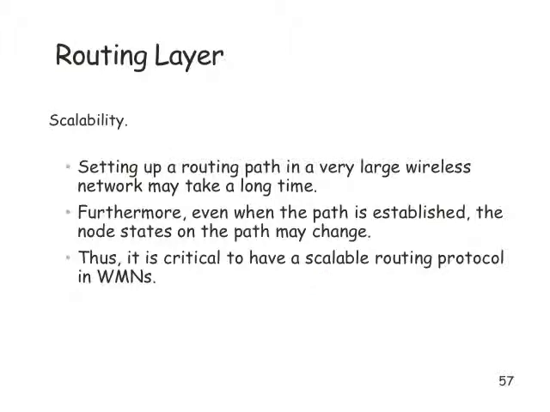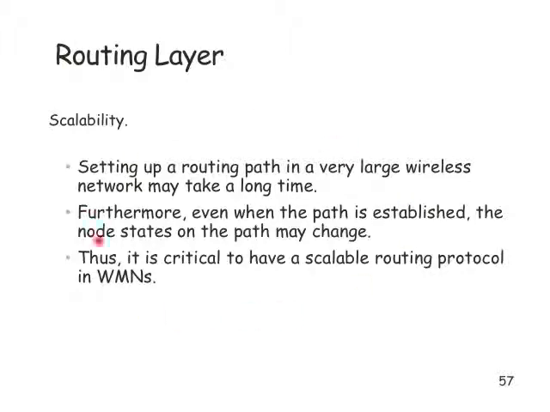So the AODV seems to be the most scalable because it addresses some trade-off. It tries to minimize the overhead, and at the same time, it creates the end-to-end route faster. So it's kind of a trade-off between being proactive and being completely reactive.